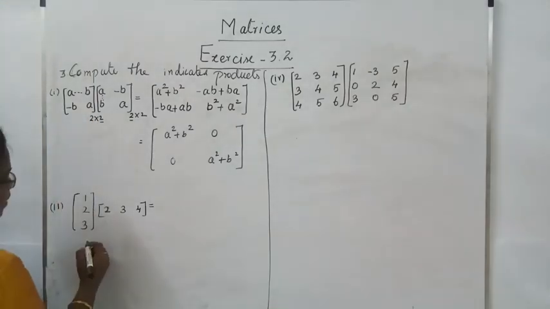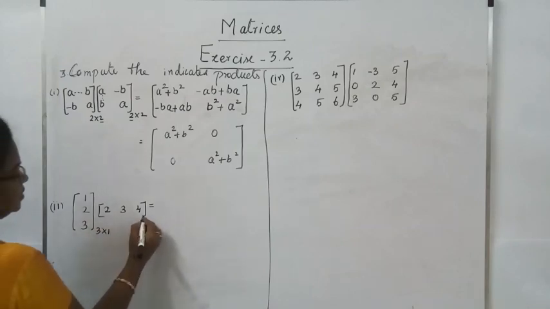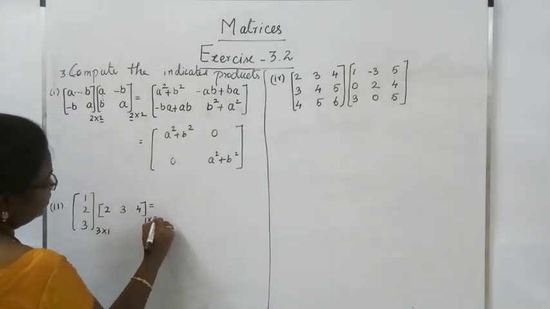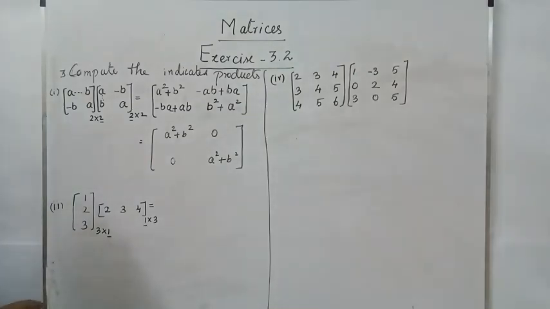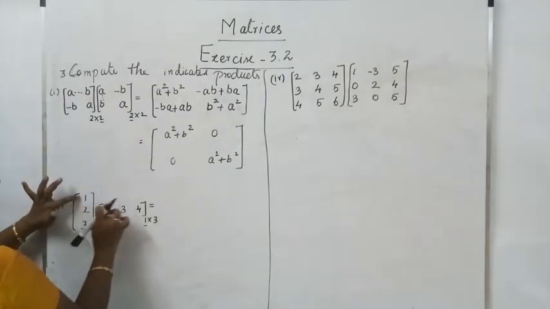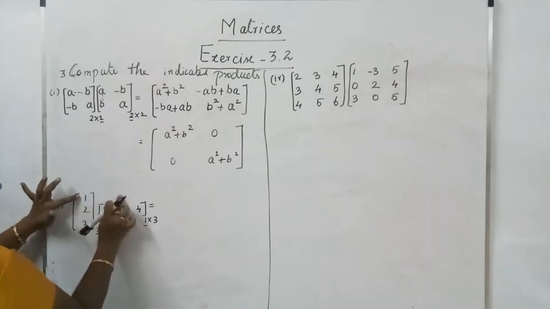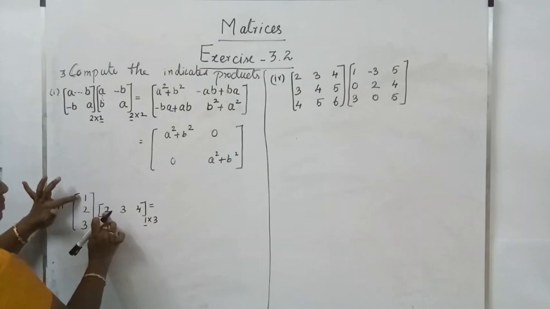Now see here, it is a 3 cross 1 and this is 1 cross 3. See, these two are equal. We can start multiplying now. The first row with first column. The first row has only one element and the first column only one element. Only these can be multiplied.